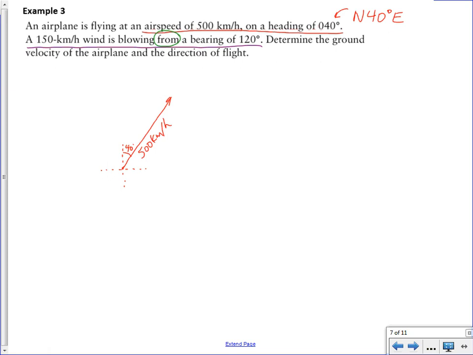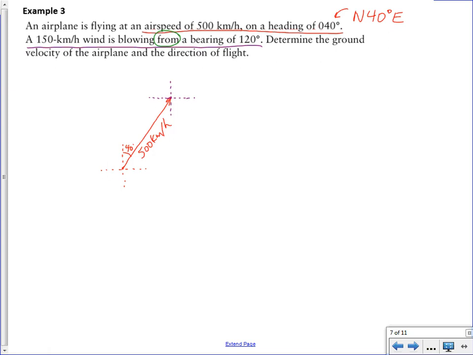Now, the wind is blowing from a bearing of 120. So guess what I'm going to draw at the head of this vector? Another one of these things, because now I need to draw a wind coming from a bearing of 120.